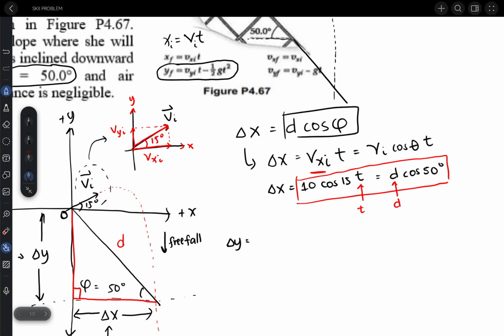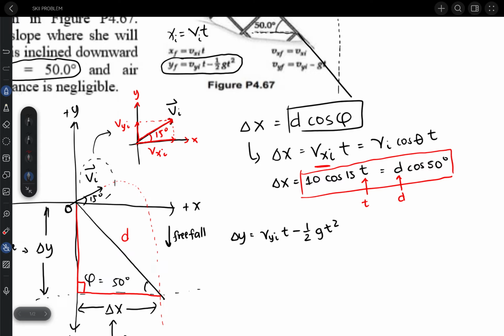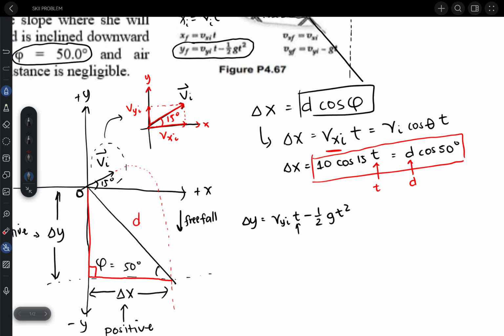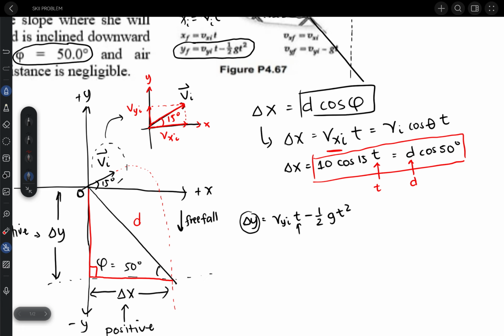So using that one, we can have the initial velocity in the y direction times t minus 1/2 gt squared. Okay, so that seems perfect because we have the variable t in here.